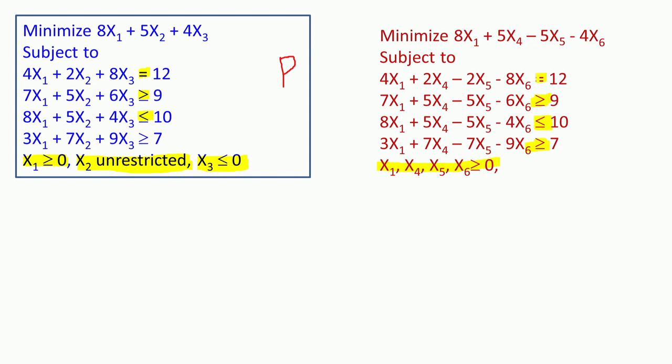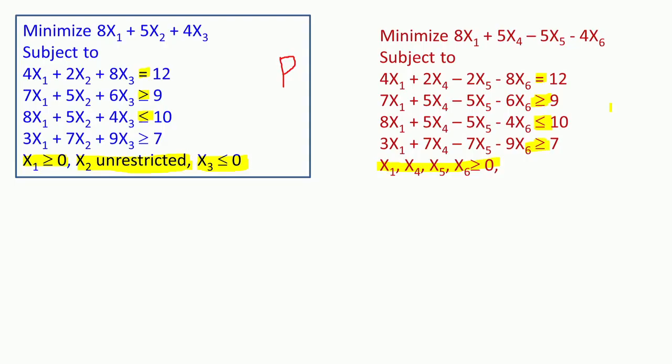Now, the equation poses a tricky situation. So, now the equation will be written as two constraints. For example, 4x1 plus 2x4 minus 2x5 minus 8x6 equal to 12 can be written as 4x1 plus 2x4 minus 2x5 minus 8x6 greater than or equal to 12 and 4x1 plus 2x4 minus 2x5 minus 8x6 less than or equal to 12.